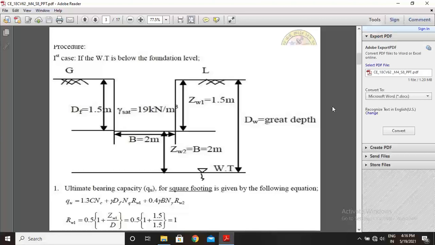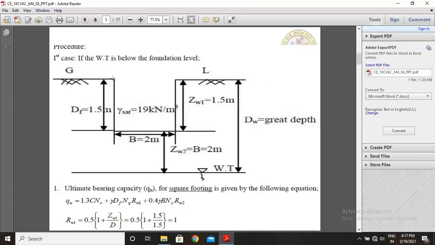Solve first case. If the water table is below the foundation level, that is, see this diagram, this is the footing.